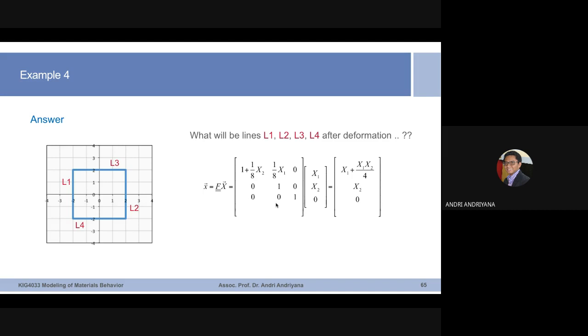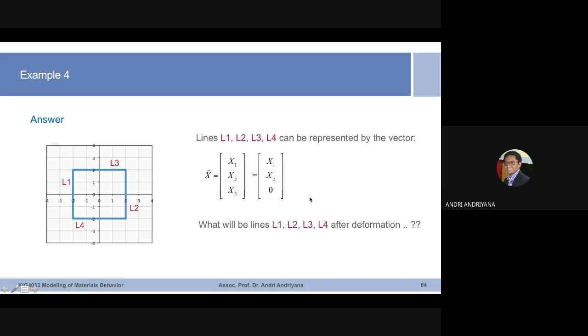We use the basic principle that the deformed line is equal to the deformation gradient tensor F times the initial line. We simply insert the deformation gradient tensor times the initial line, which I can represent here because this is the line.